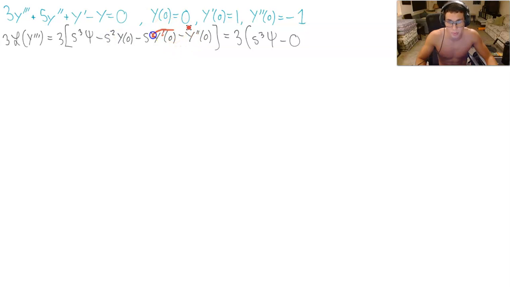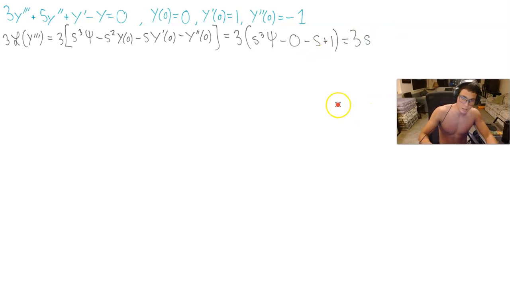Y prime of 0 is 1. So it's just going to be minus s. Then minus y double prime is minus 1, so plus 1. Okay. And what is that? That's going to be 3s cubed minus 3s plus 3. Okay.